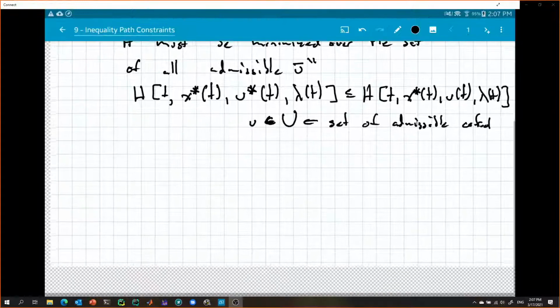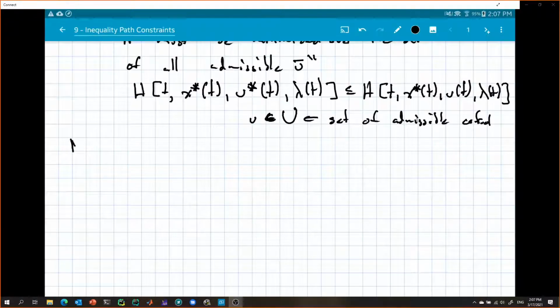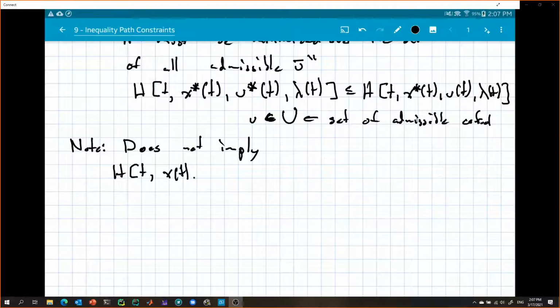Okay, and then as I already said, this does not imply that the Hamiltonian is minimized for any state.